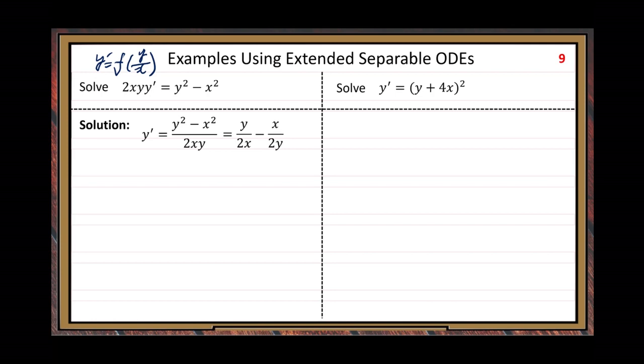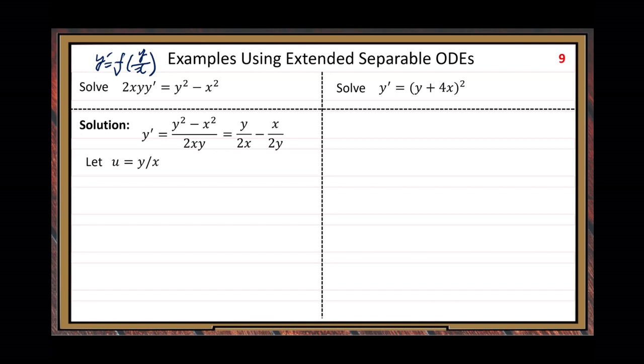If we let u equal y over x, then x over y is just 1 over u. Try to be sensitive to those expressions.